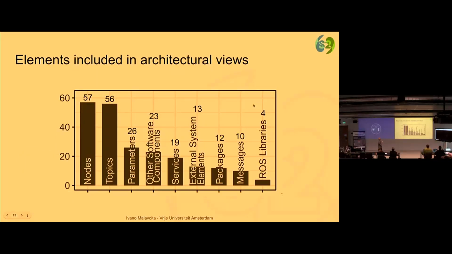This is mostly about which type of elements were documented in the architecture. We have nodes and topics, obviously, as the most recurrent elements. We have the parameter server that is represented quite often. And then we have all kinds of other things intermingled with these more recurrent ROS-based concepts.